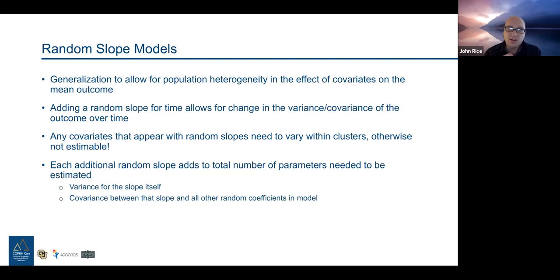So it's unusual to see models with more than one or maybe two random slopes. And again, you need to think about the interpretation that you're attaching to these models when you take this approach, because the random coefficients modeling approach is going to give you different correlation structures that are not necessarily easy to predict in comparison to the covariance pattern modeling approach.